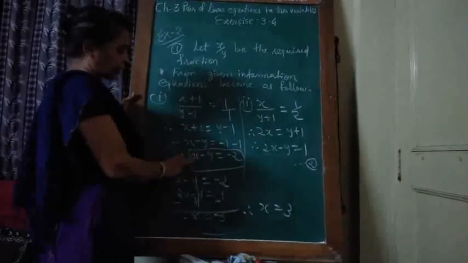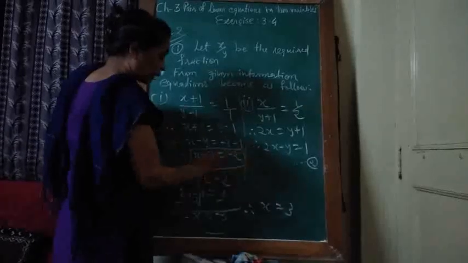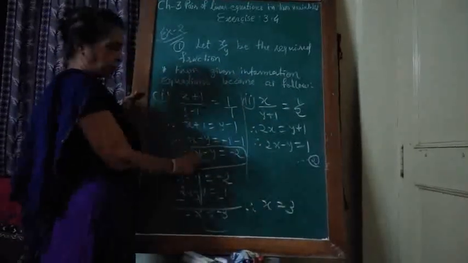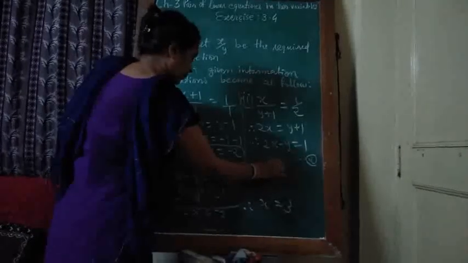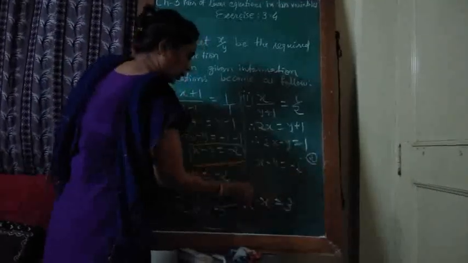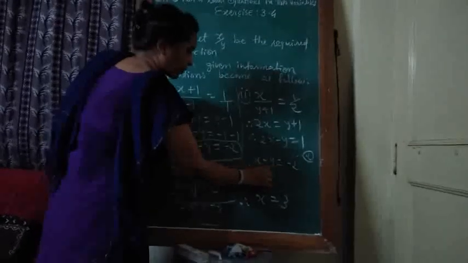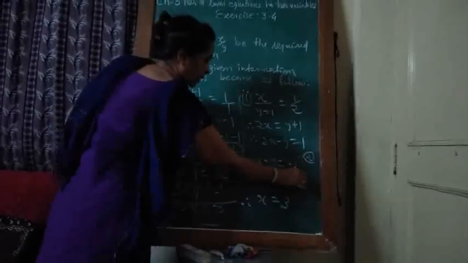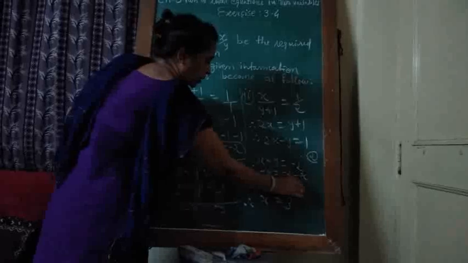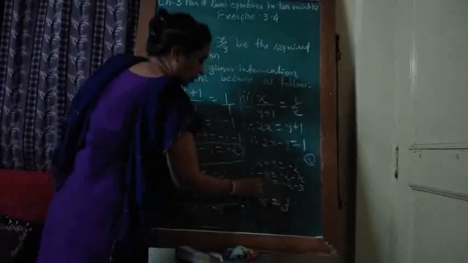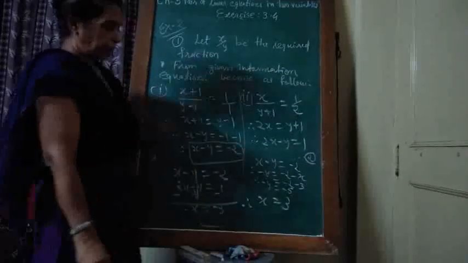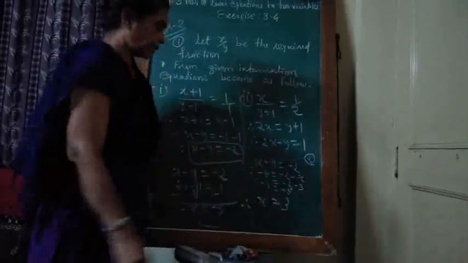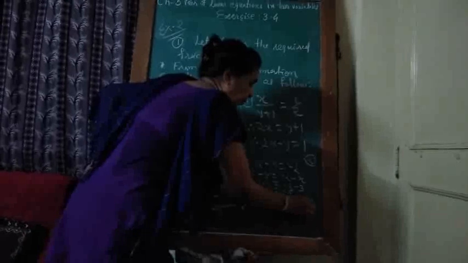Substituting x equal to 3 in equation 1: x minus y equal to minus 2, so minus y is equal to minus 2 minus 3, which is minus 5, and therefore y equals 5.